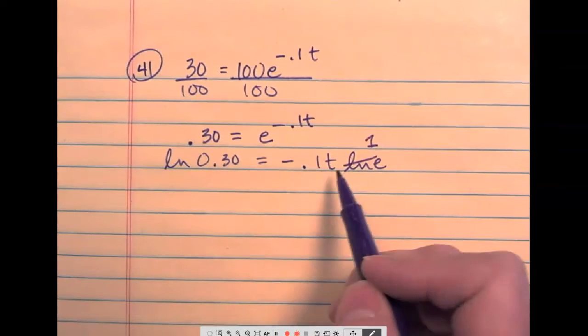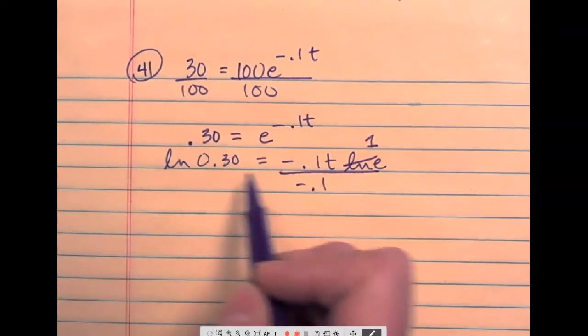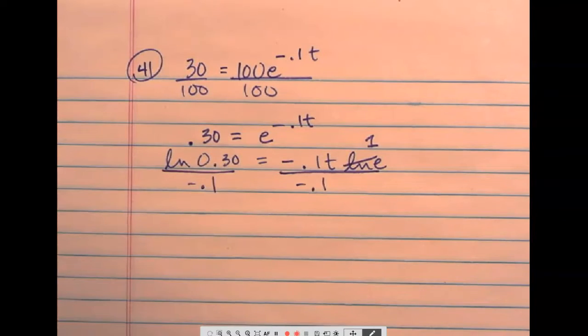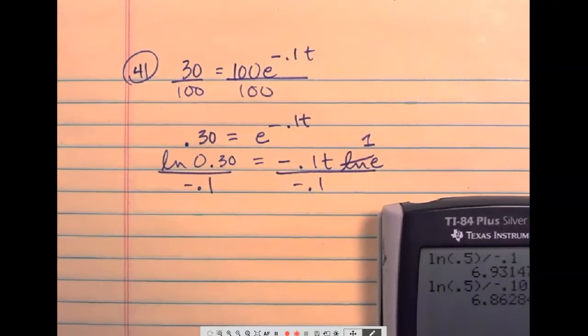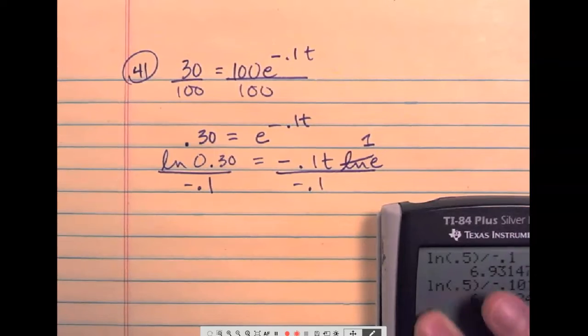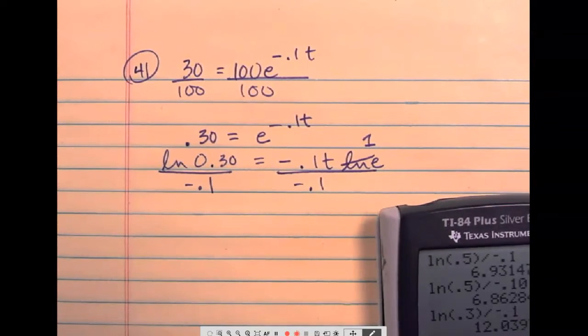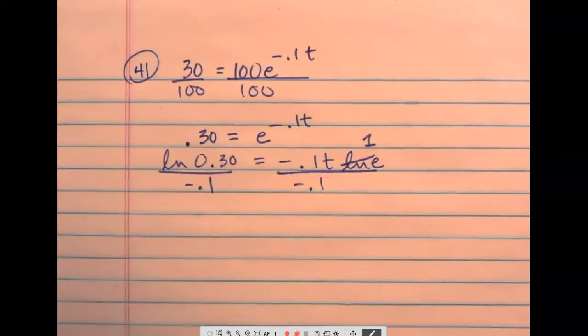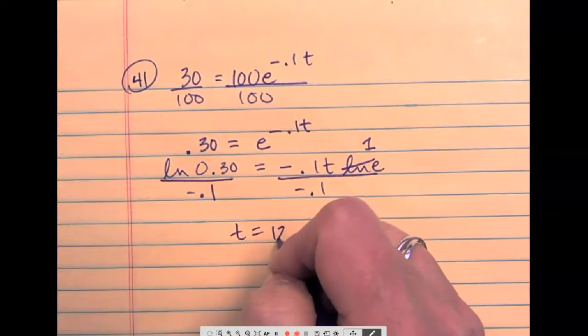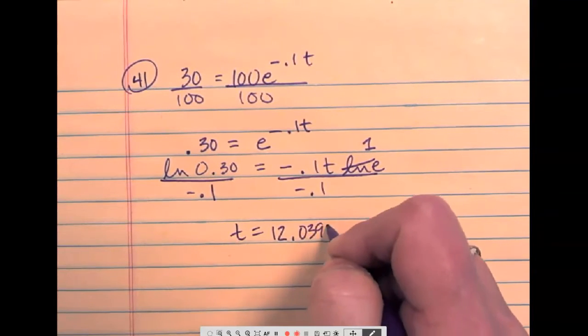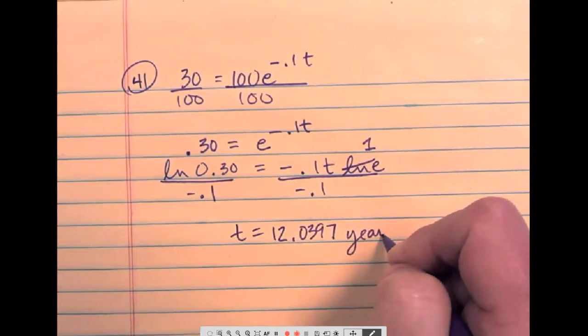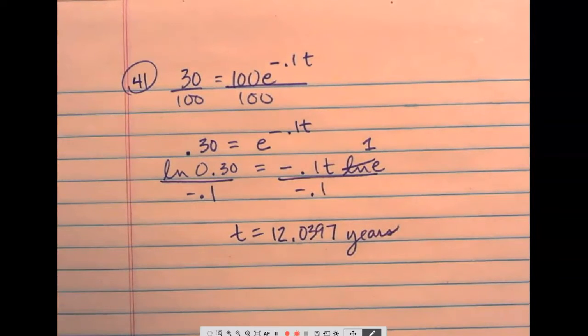Okay, that's 1 divided by negative 0.1. .0397. So that was D.